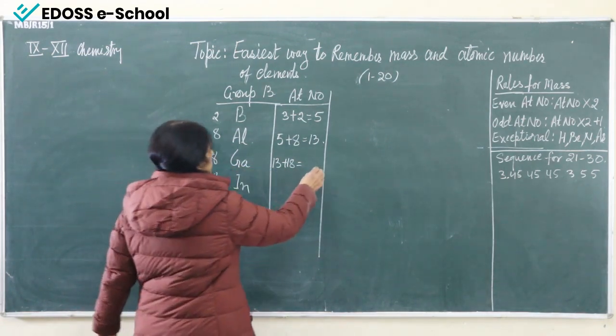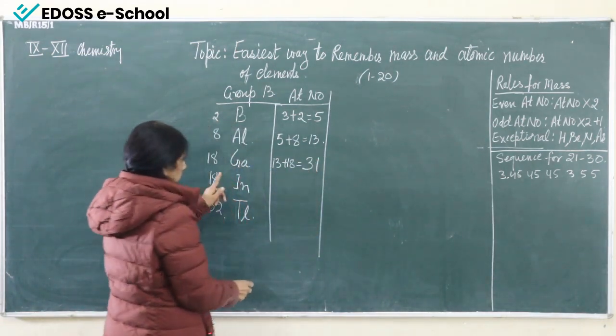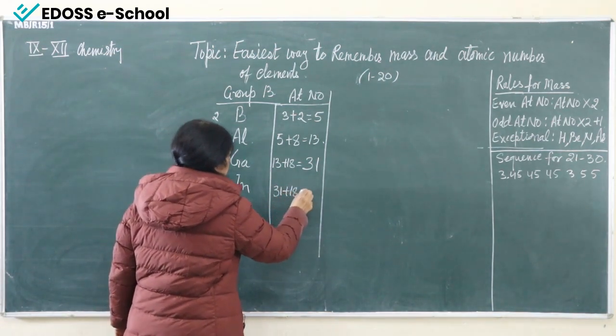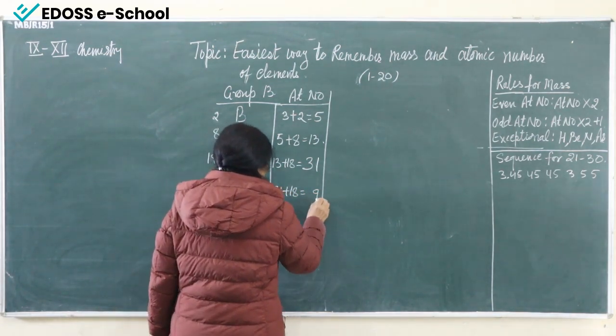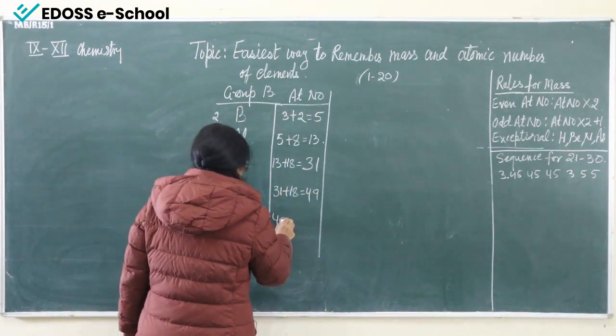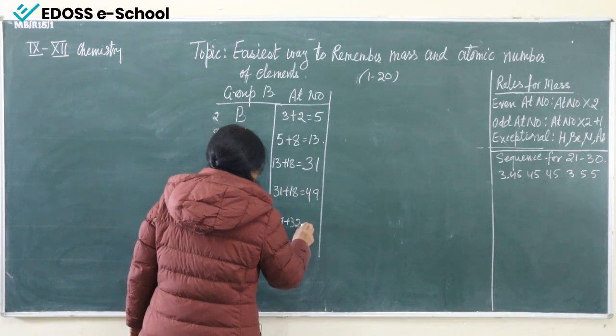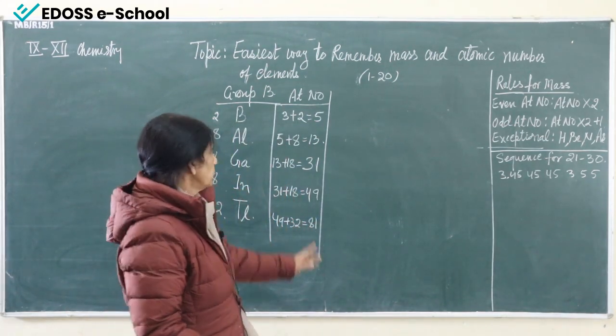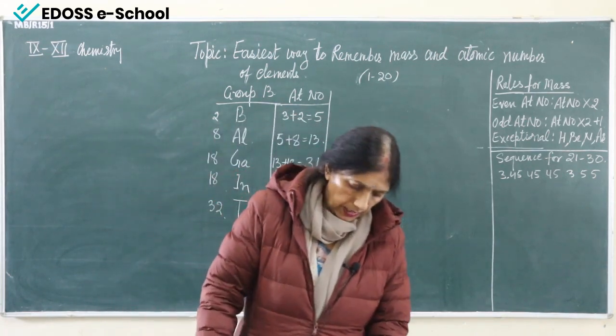So this will be 31, then 31 plus 18 is 49, and 49 plus 32 is 81. So this is the group 13 elements.